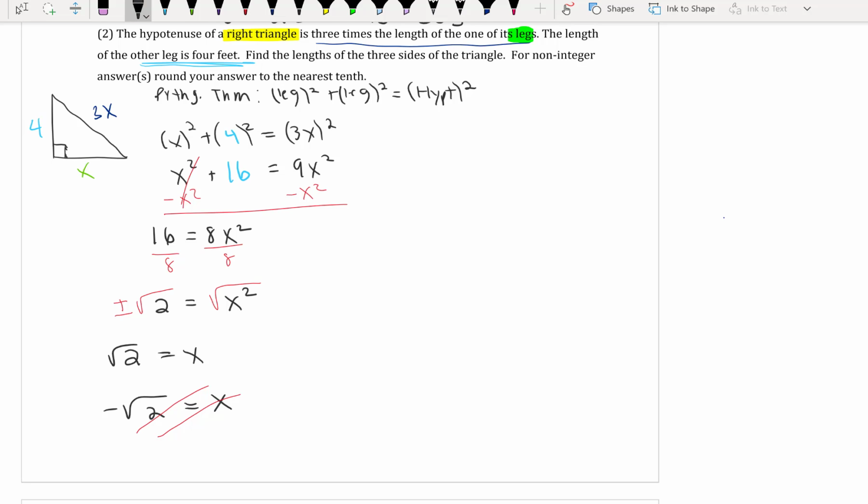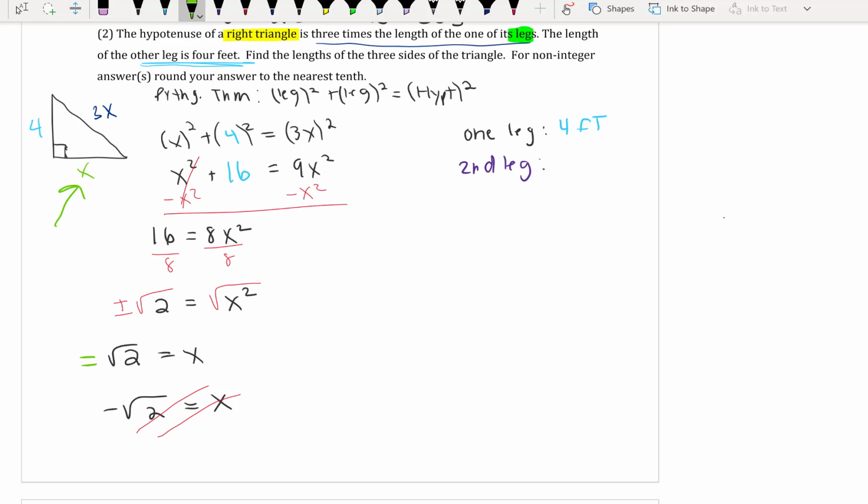So x represents the leg. So I have one leg. That was that 4 feet. That one was given. So maybe my second leg, well, that's represented as x, right? Well, x I found out to be the square root of 2. Well, let's put that as a decimal.